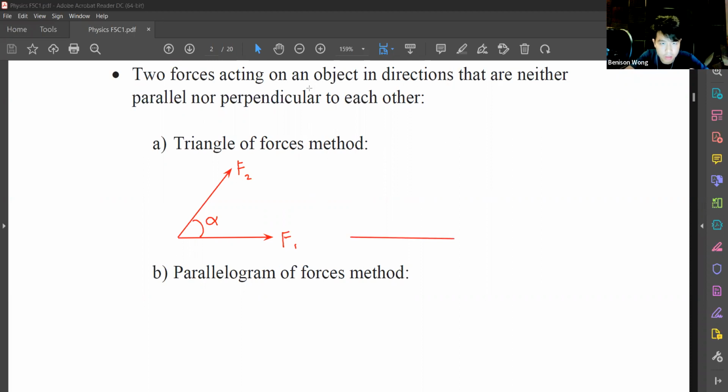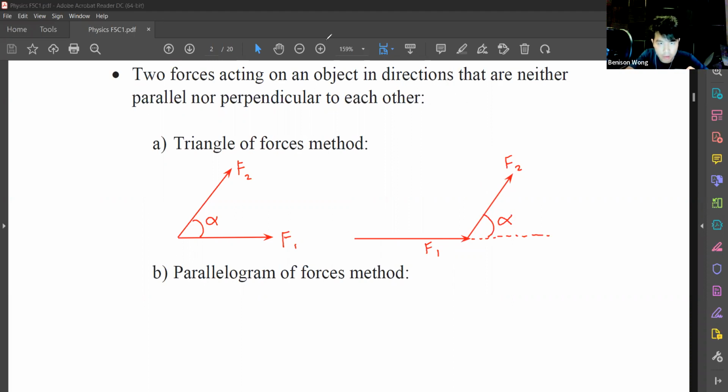Oops, the arrow. Okay, this is your F1, this is your F2, and the angle here is alpha.